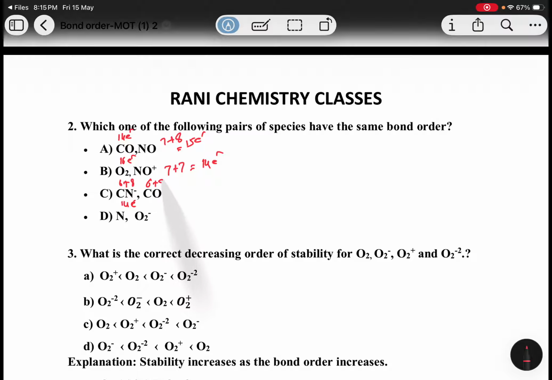Carbon 6, oxygen 8, 14 electrons. So this is having the same number of electrons, that means bond order also same. It is not necessary to calculate the bond order because the total electrons are same, so bond order also will be same. In this case, nitrogen maybe N2, N2 means 14 electrons. Oxygen 16 plus 1, 17 electrons. So option C is the correct one.